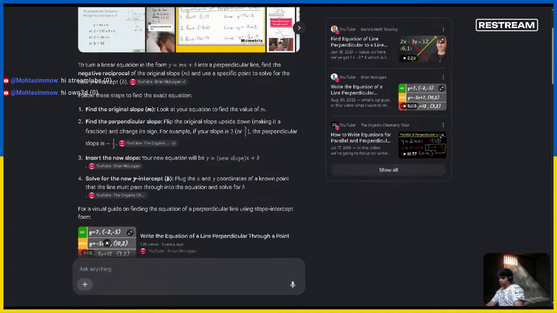I'm trying so hard to understand what I'm doing wrong. Okay, because 2.5 is technically 5 over 2, you take that 5 over 2 and make it into 2 over 5 with a negative sign. That still gives us the same thing.